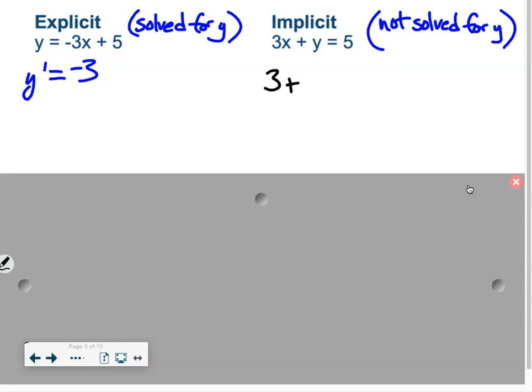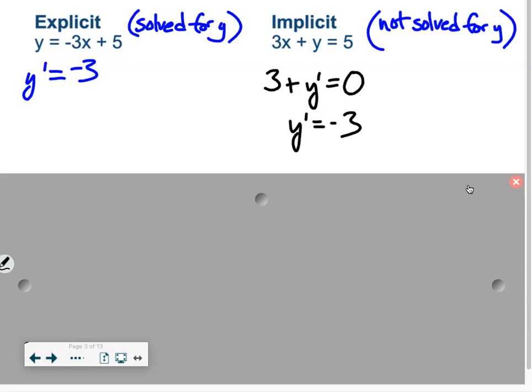What's the derivative of y? Y prime. And what's the derivative of 5? 0. So if I wanted to solve this for y prime, I get the same thing, right? I just differentiated it. It just looked a little different when I started, right?